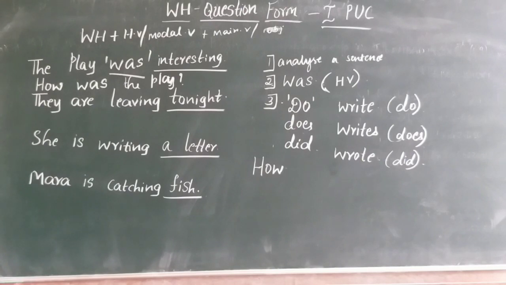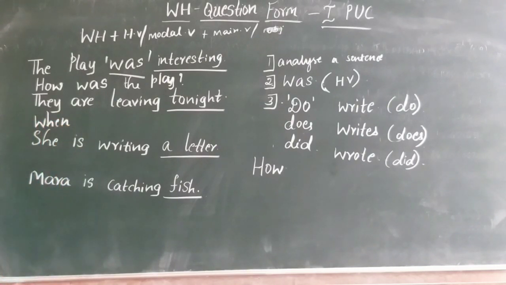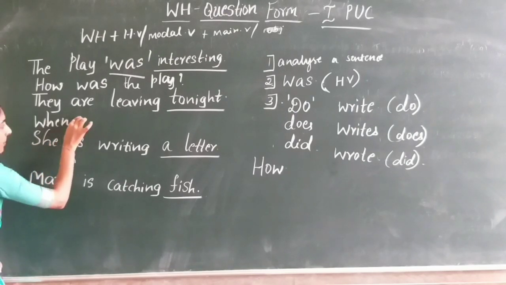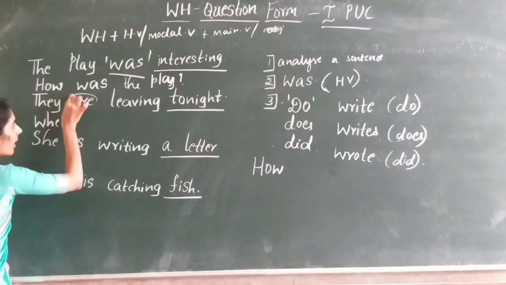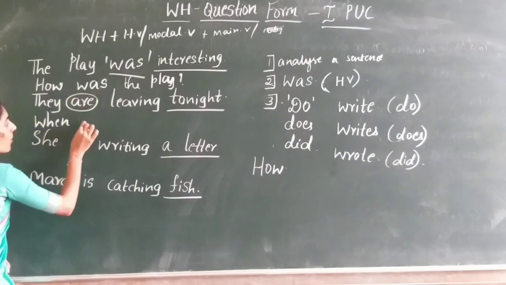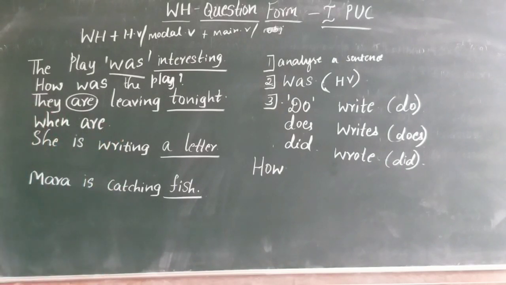So whenever we talk about time, the right WH word is when. So you have to write when. Then there should be a helping verb. Is there a helping verb? Yes, that is are. Then write are.